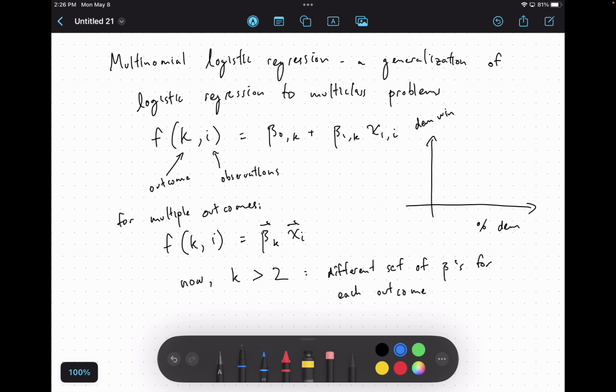And so we had something that looked like this. And the idea, generically speaking, is we are now thinking about situations where you may have multiple outcomes.